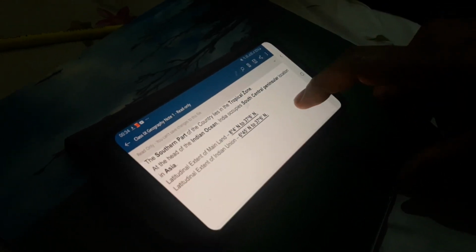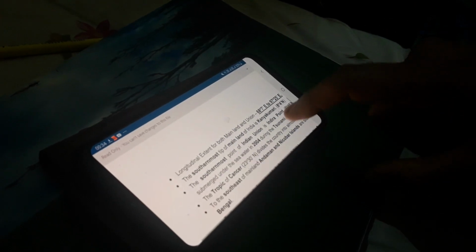Latitudinal extent of Indian Union, that means the union territories are also there. So it is 6 degree 45 minutes north, and it is situated in the southern tip of Andaman and Nicobar island groups, and the northern part is 37 degrees 6 minutes north. This is about the latitudinal extent of mainland and union.